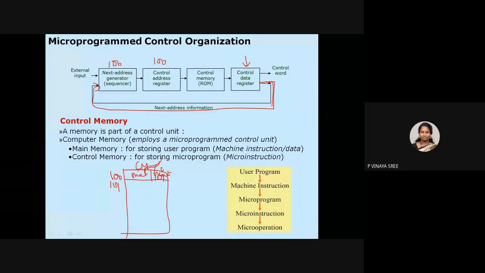Consider the control memory like this with an address. It goes to that address, and whatever is in this address is placed inside the control data register. The control data register executes the micro operations present, and at the same time the next address is given to the next address sequencer.